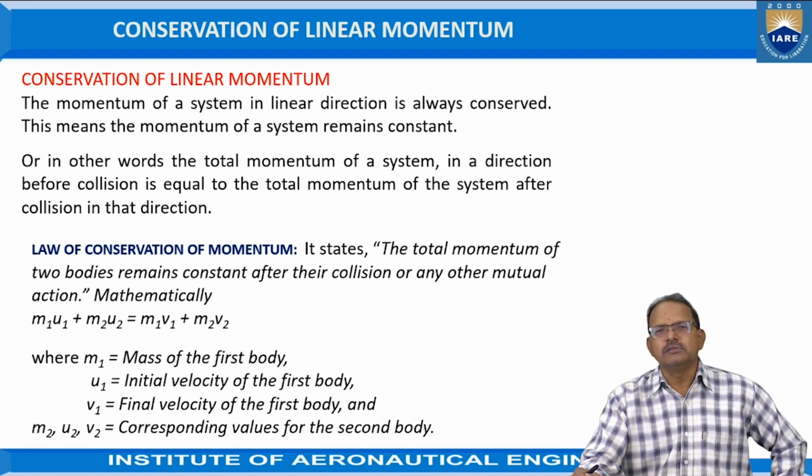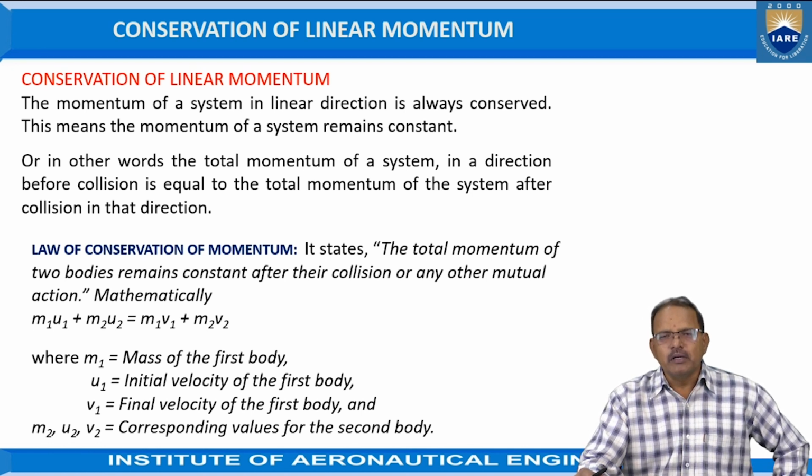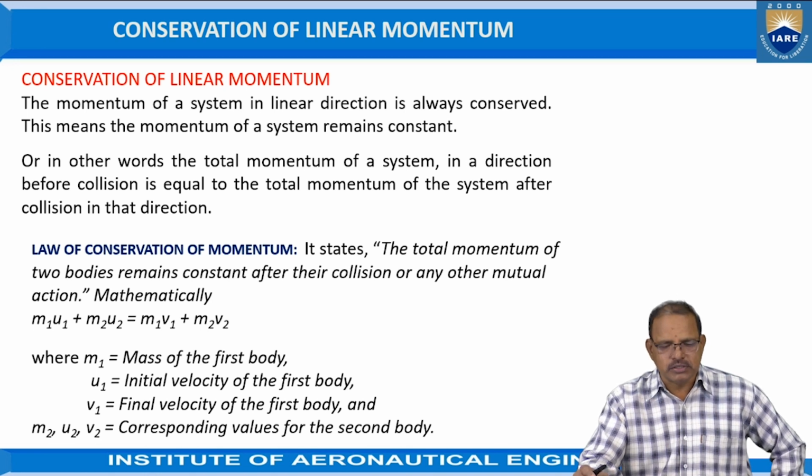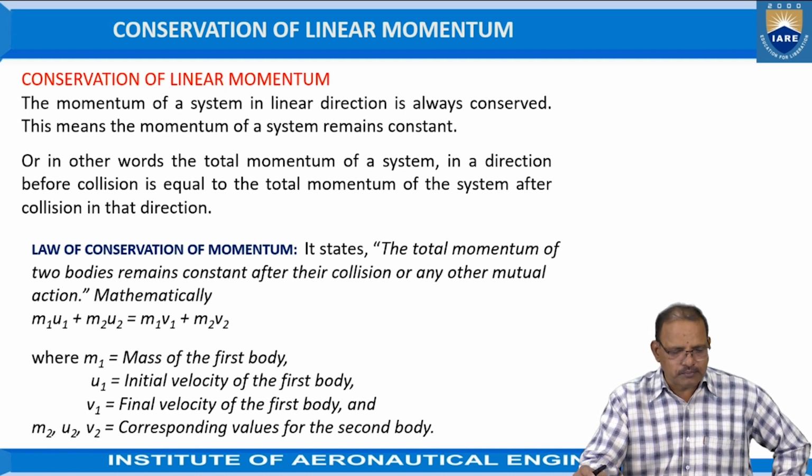In other words, the momentum possessed by the body at the initial stage is equal to the momentum possessed by it at the final stage, or the momentum possessed by the body remains constant in a linear direction. This law is called conservation of linear momentum.